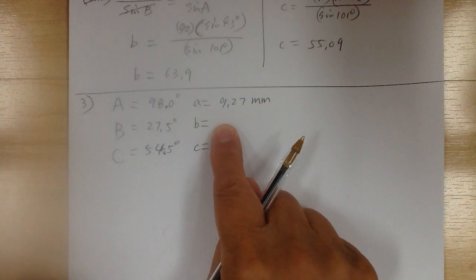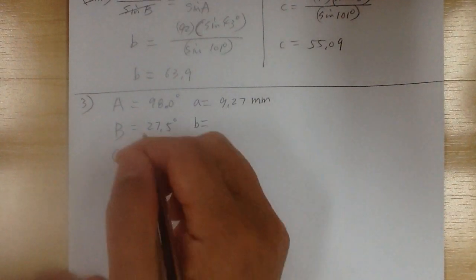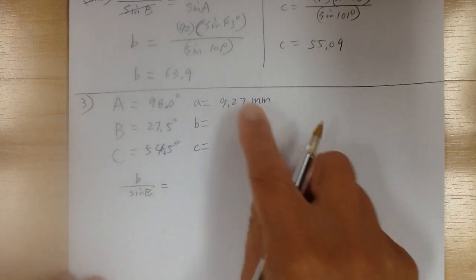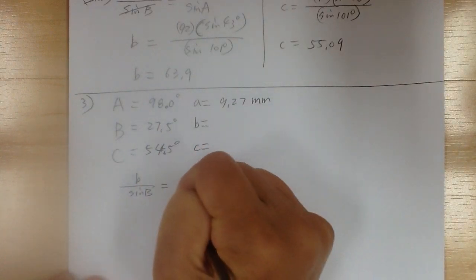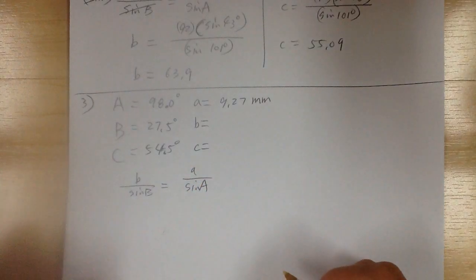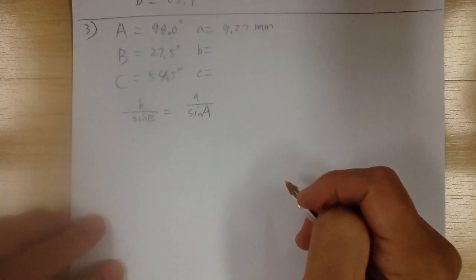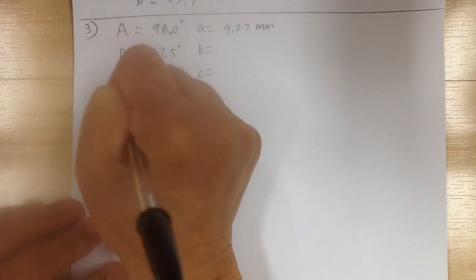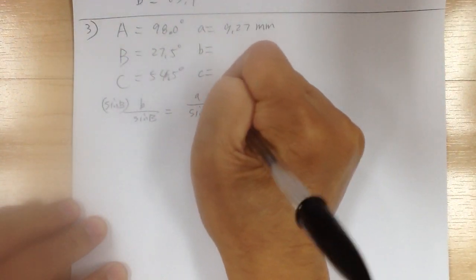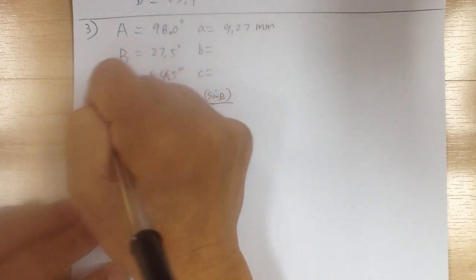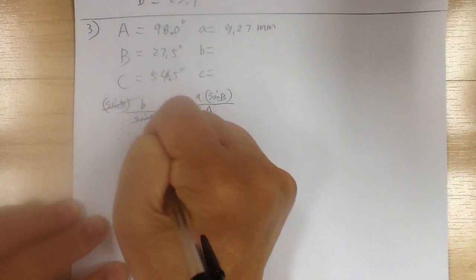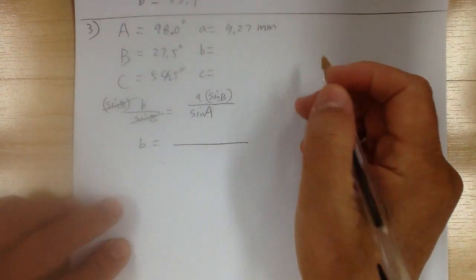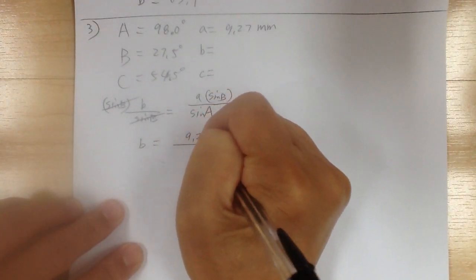Okay, so now let's go and look for B. So again, you got B over sine B equals, you want to use A, right? So A over sine A. Okay, so now to solve for B, let's multiply by sine B on both sides, so that this will cancel out. So B will equal, you can always use your formula, then you substitute. You will avoid a lot of careless mistakes.